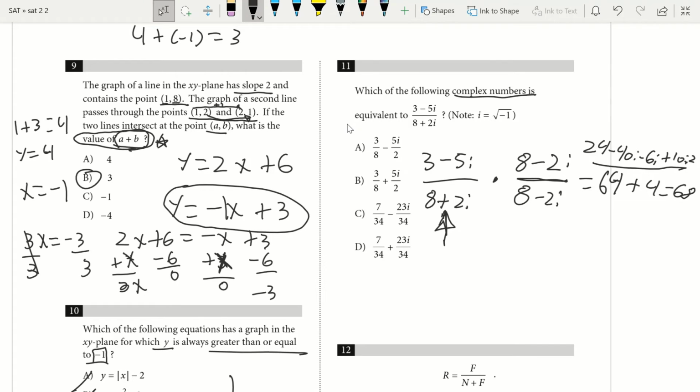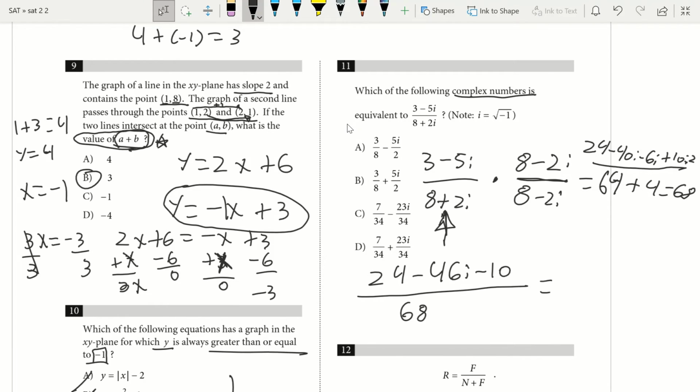And then I'm going to go ahead and put that down here so it can be seen easier. So we have 24. Then we have minus 40i and minus 6i, which comes out to minus 46i. And then we have plus 10i squared, but i squared becomes negative 1. So we have plus 10 times negative 1, which becomes minus 10. And we already determined our denominator was 68.